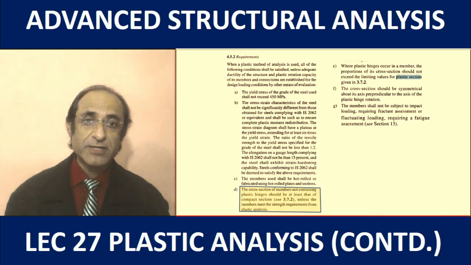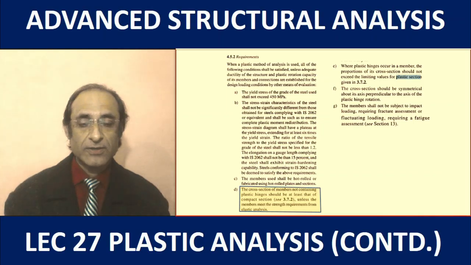However, if the plastic hinge is also occurring in the member, then the section should be a plastic section. That is, it should have sufficient rotation capacity also, so that it can sustain large rotations and the moments are transferred to the adjoining regions and it does not undergo any kind of premature failure by buckling.